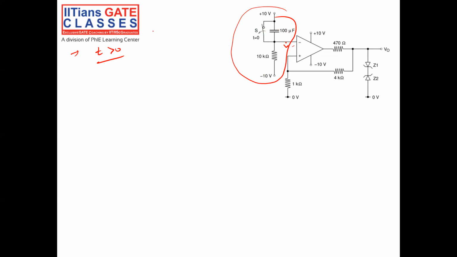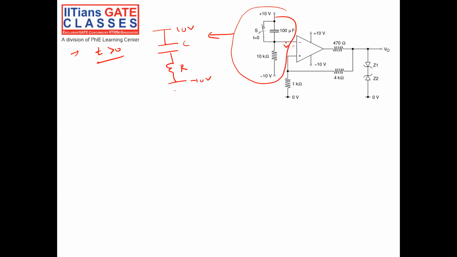So this we have is 10 volt. Then I am just drawing this one. Okay, 10 volt. Then I have a capacitor. Then I have a resistor R is C. Then I have minus 10 volt. Right.